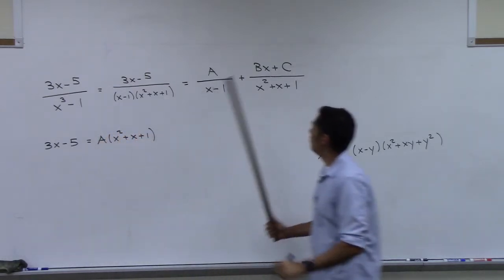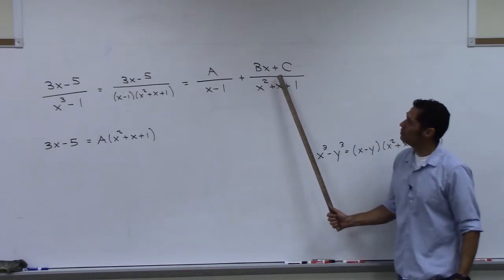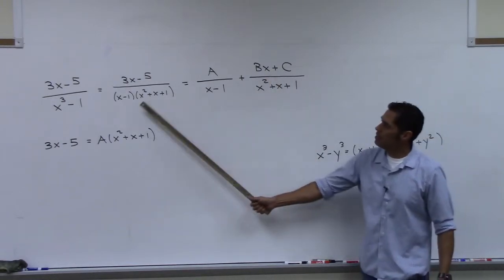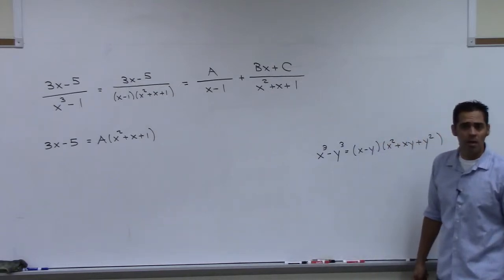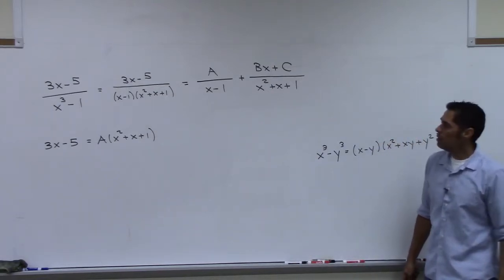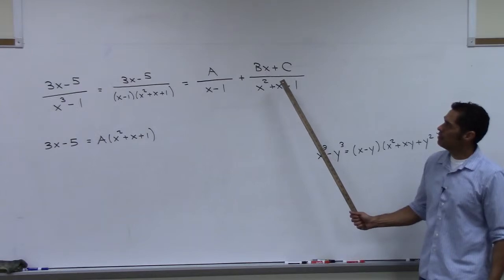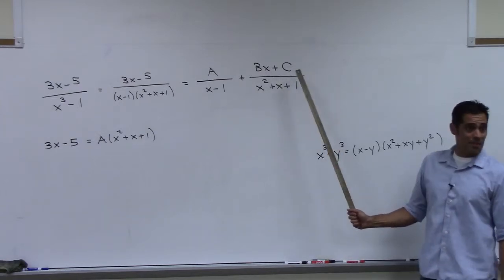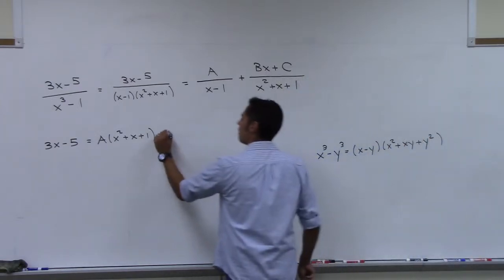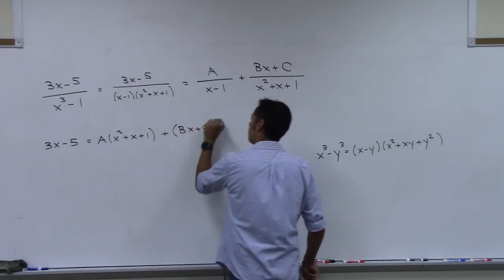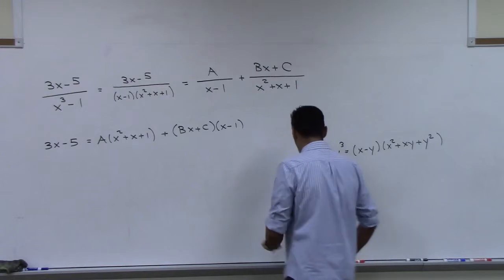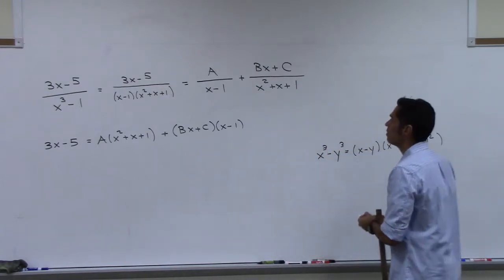And then what would happen if I multiplied this, be careful here, times this denominator here? You just get the x minus 1 up top, wouldn't you? But it's next to what? The bx plus c, right? So it would look like this. Bx plus c right next to an x minus 1, and you would have to have those in parentheses.